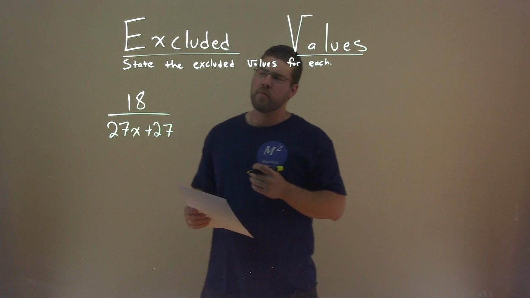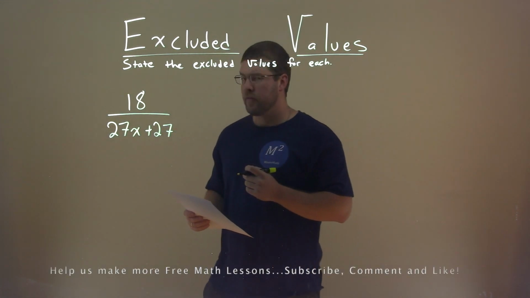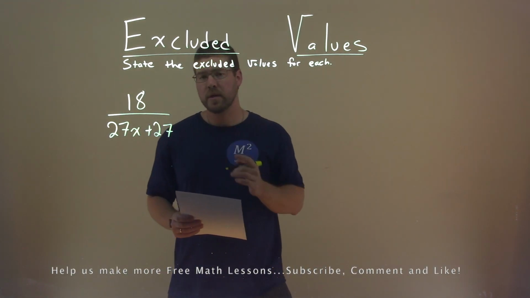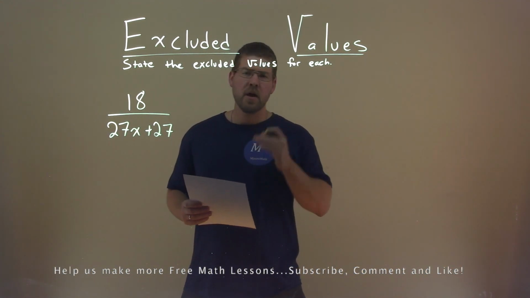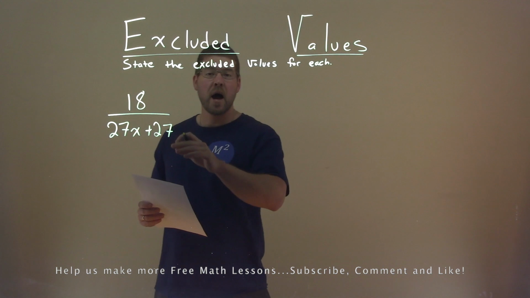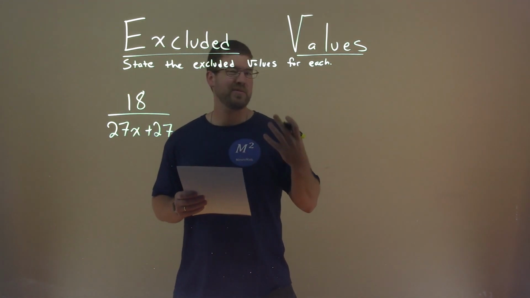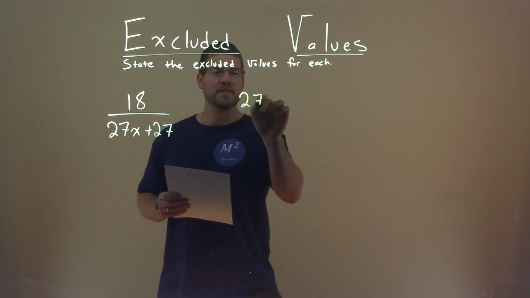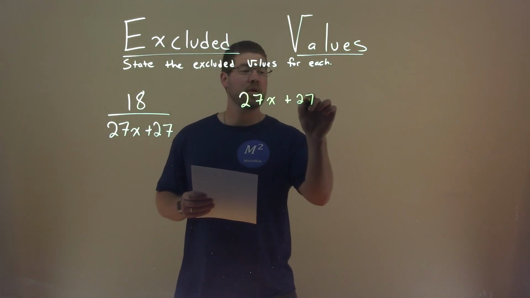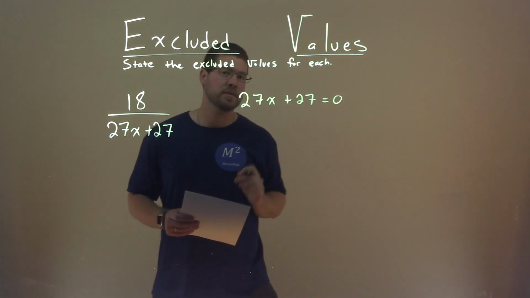We're given this problem right here, 18 divided by 27x plus 27, and we want to state the excluded value. The excluded value here is when the denominator is equal to 0 because we can't divide by 0. So we need to take that denominator, 27x plus 27, and set it equal to 0.